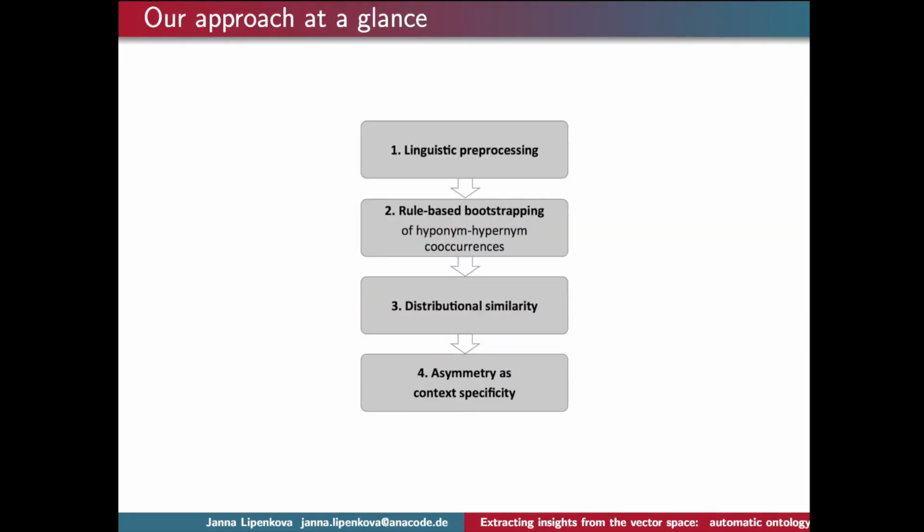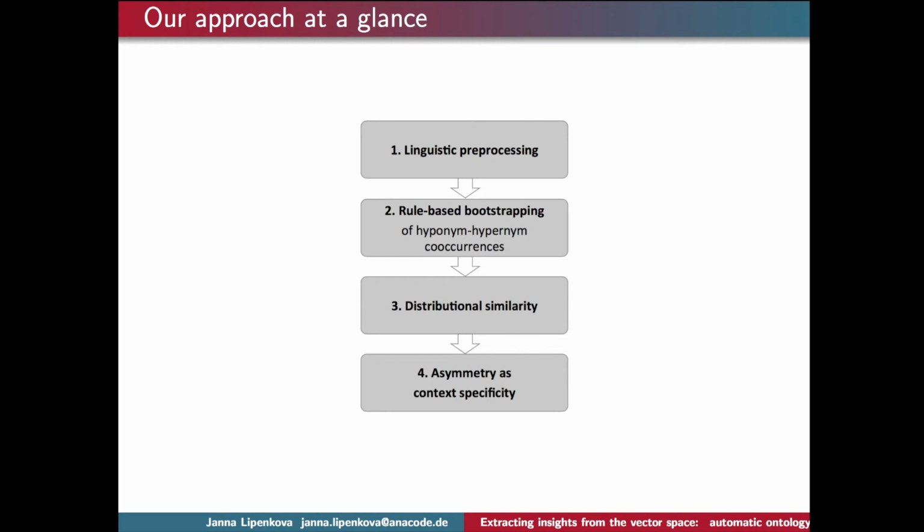Now, our approach comes in a pre-processing step and then 3 additional steps which follow exactly those 3 linguistic properties of hypernymy that I outlined before. So after the pre-processing, we apply rule-based bootstrapping to capture the tendency of hyponyms to co-occur with their hypernyms.